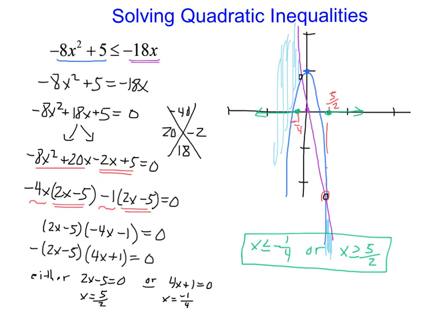We can also write this in interval notation. First part's negative infinity up to negative 1/4 with a hard bracket on negative 1/4 because it can be that value, unioned with, it picks up again at 5/2, and that goes on to infinity, and infinity gets the soft brackets.